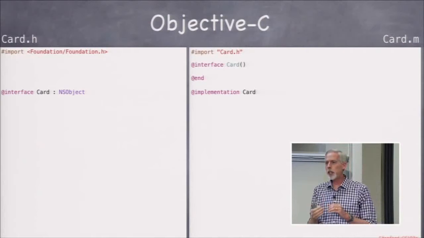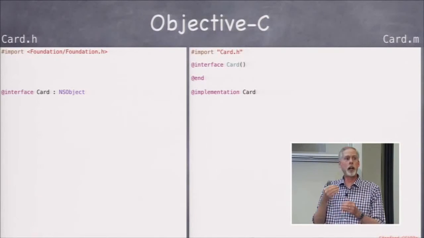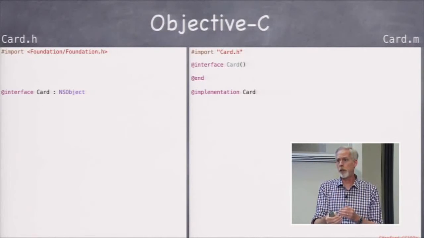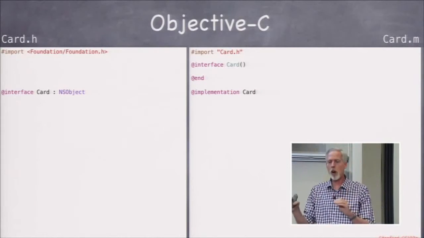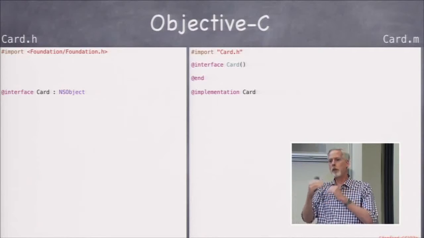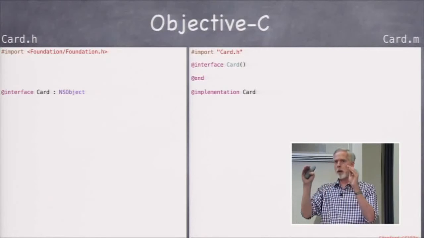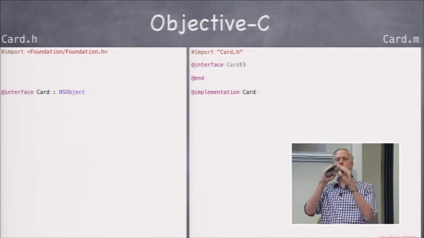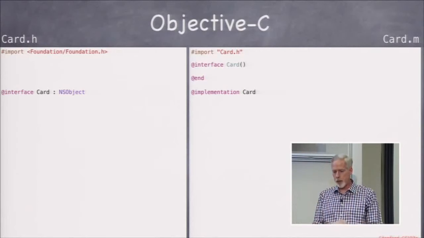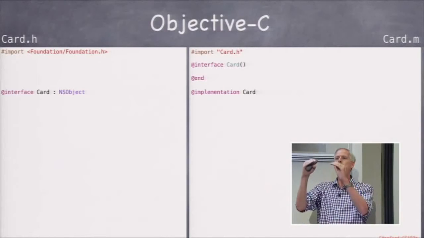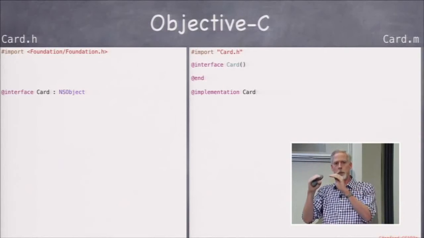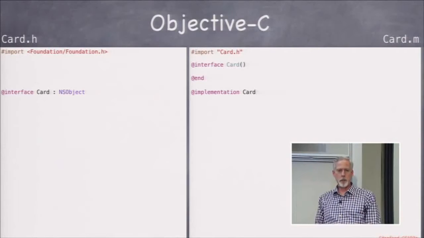Now, Objective-C does not require you to declare something before you use it in a file. You know, there's a lot of languages where you have to declare a method before you can call it, right? But you can do it out of order in Objective-C. You can implement method A, which calls method B, and then method B is implemented down here later in the file. So you don't have to declare method B first.